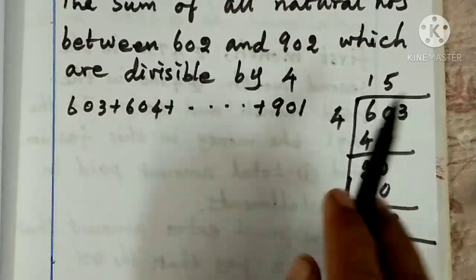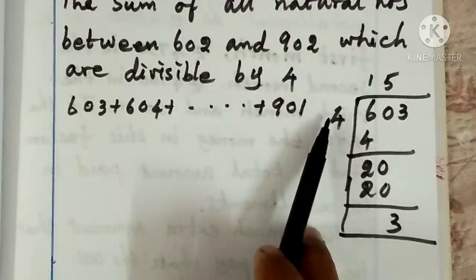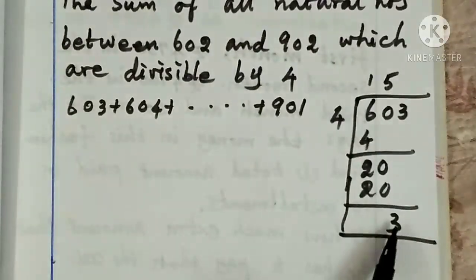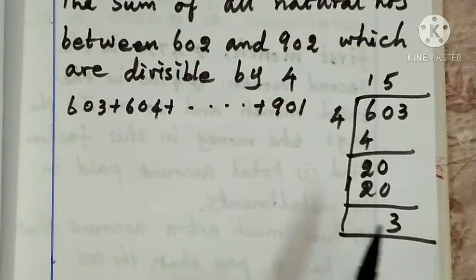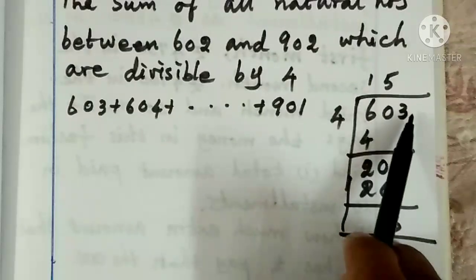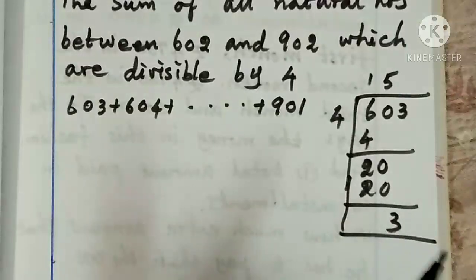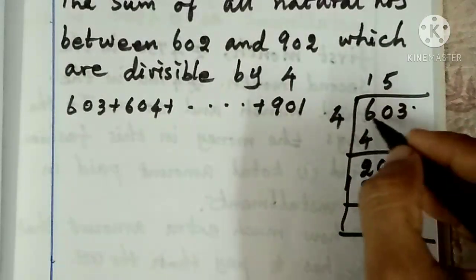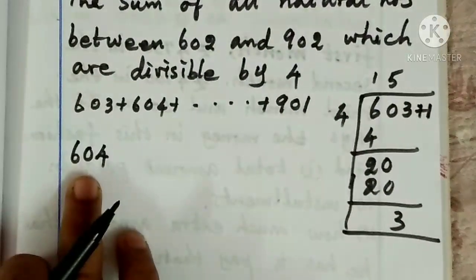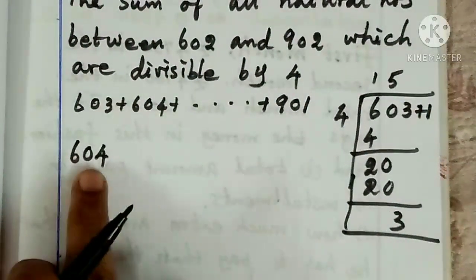So for finding the first number, you follow this rule: from the divisor you subtract the remainder, that is 4 minus 3. After that, add that answer to the dividend, that is 603. It means 4 minus 3 is 1, then 603 plus 1 is 604. Therefore, the first number which is divisible by 4 in the given series is 604.